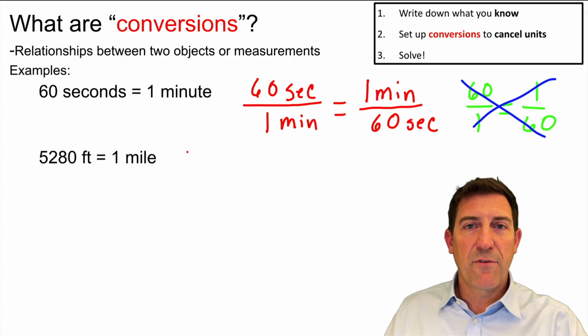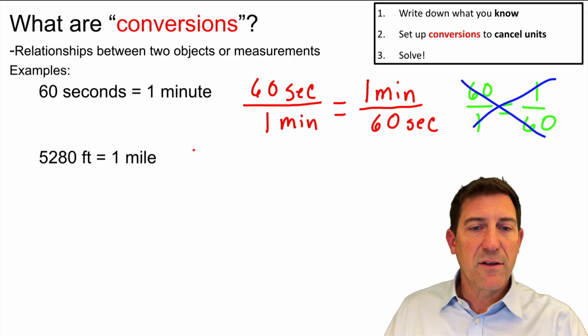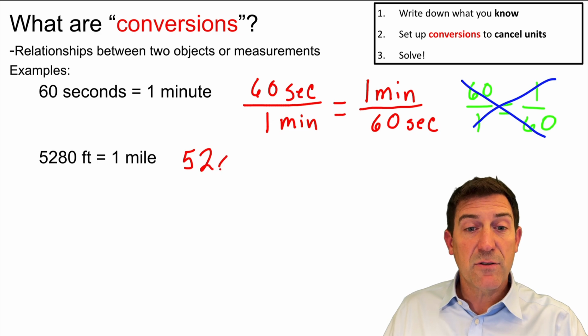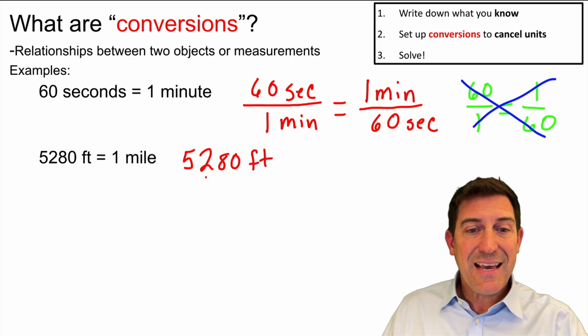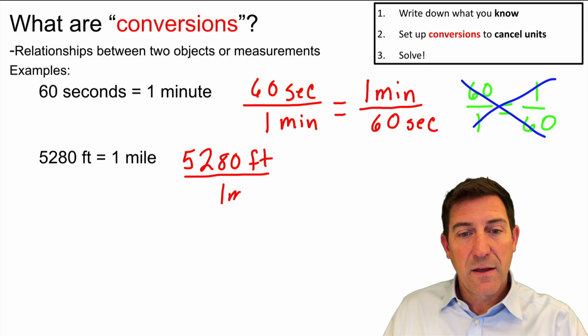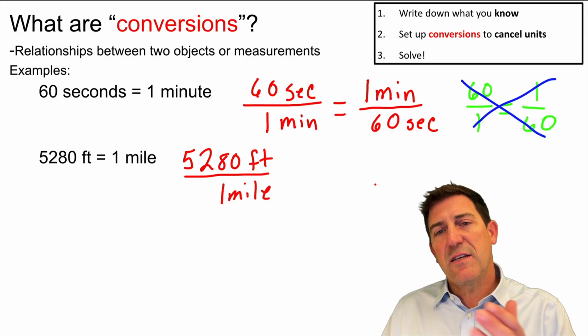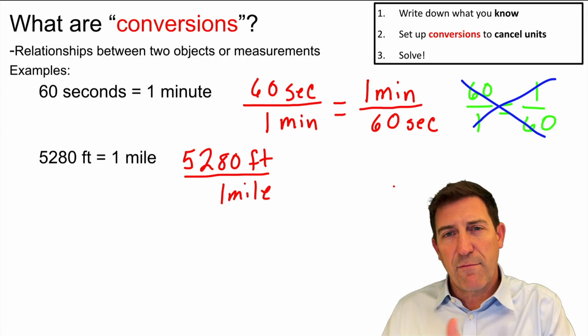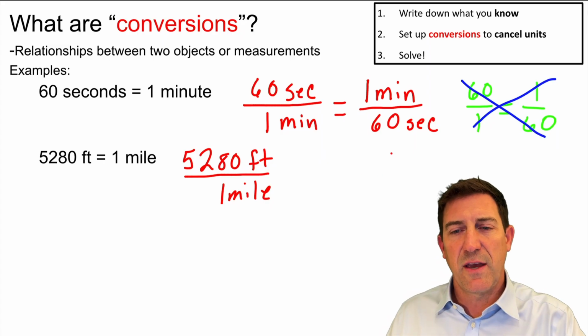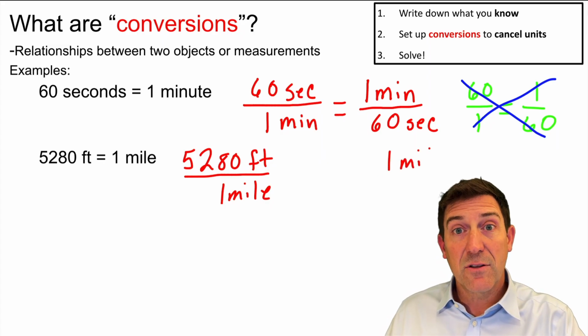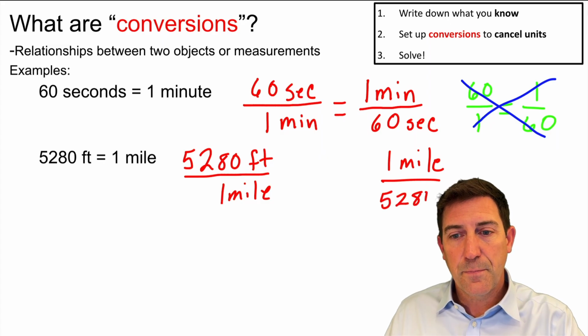Another one, maybe we're converting between miles and feet. So we would write out 5,280 feet is 1 mile. And maybe, because these conversion factors are going to help us solve problems, maybe we needed this to look the other way and have miles on the top and feet on the bottom. We can do that.